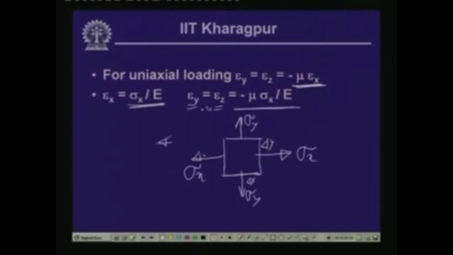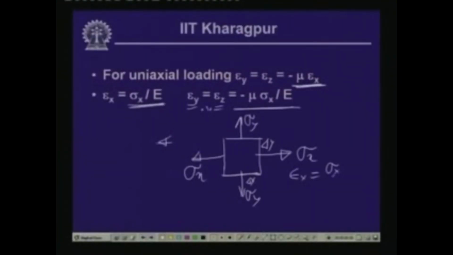When it is being pulled in the sigma x direction, it will undergo elongation in the x direction and contraction in the y direction. When it is being pulled in the y direction, it will undergo elongation in the y direction, and there will be contraction in the x direction.